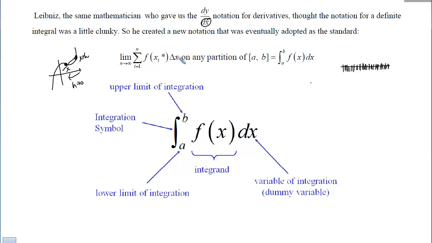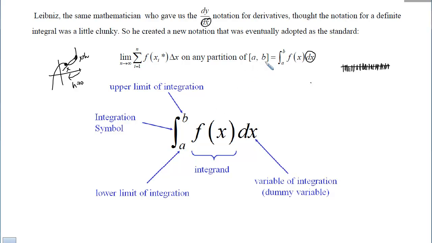Same thing here. That delta x is going to get tinier and tinier. That distance between the two will get so small that it will be immeasurably little, and we'll change it to a dx.